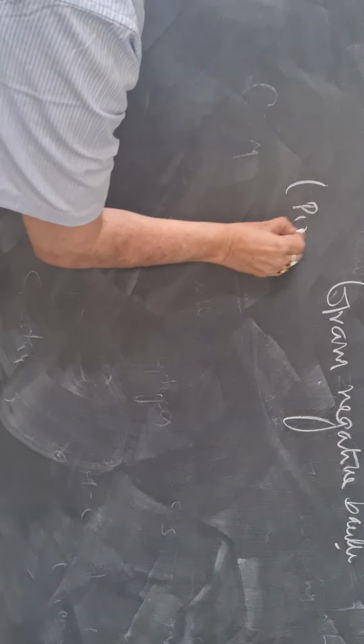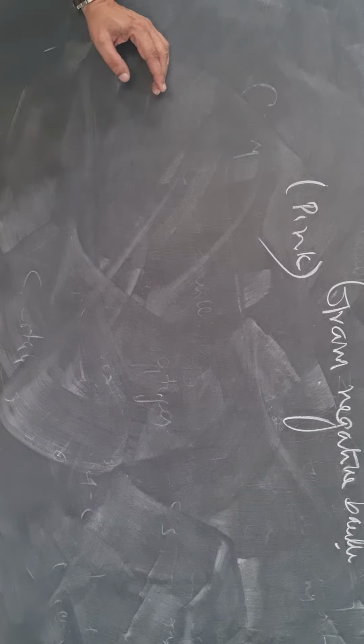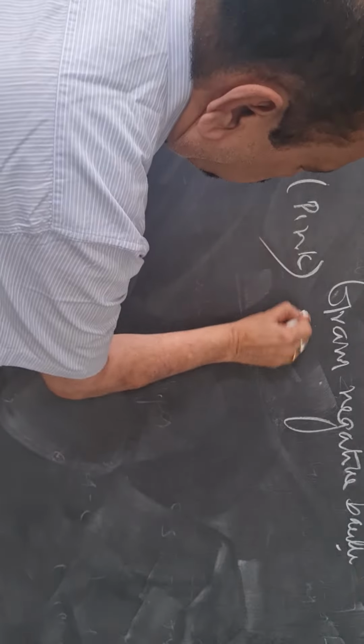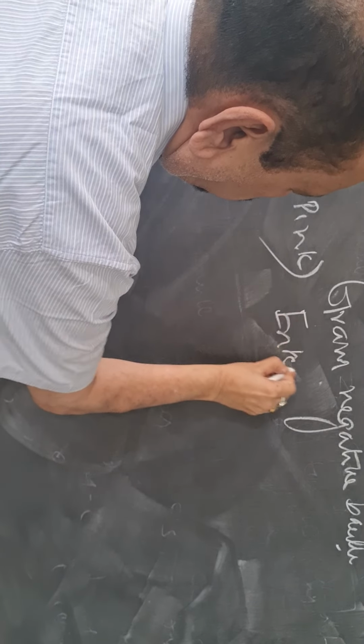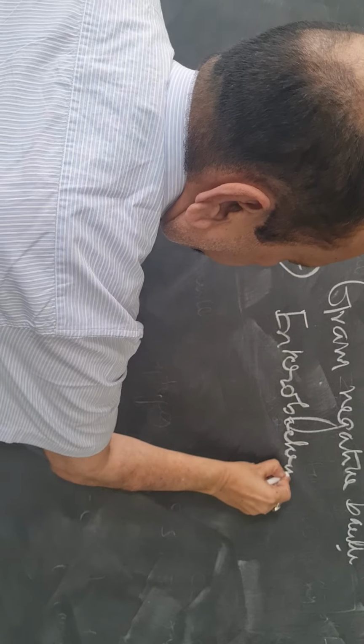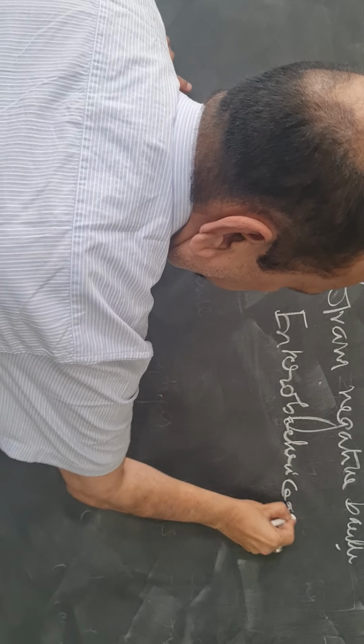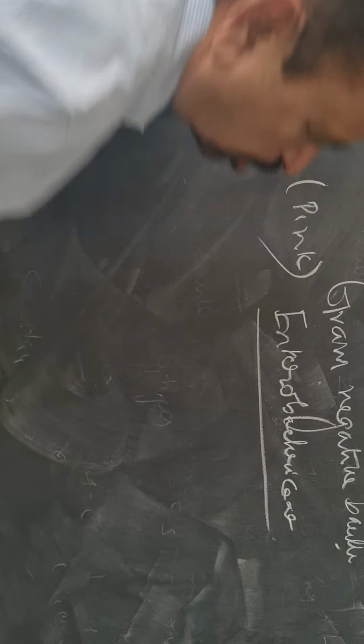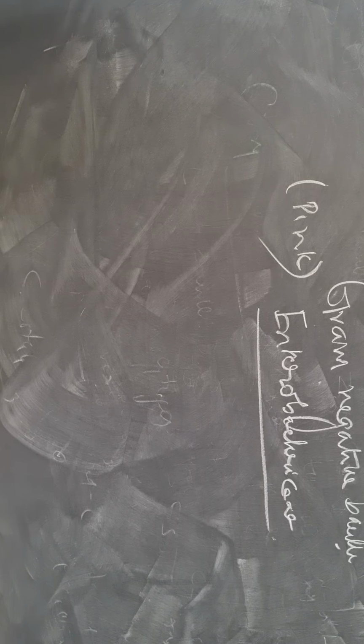They look pink in color, whereas gram positive look violet in color. They all belong to Enterobacteriaceae.